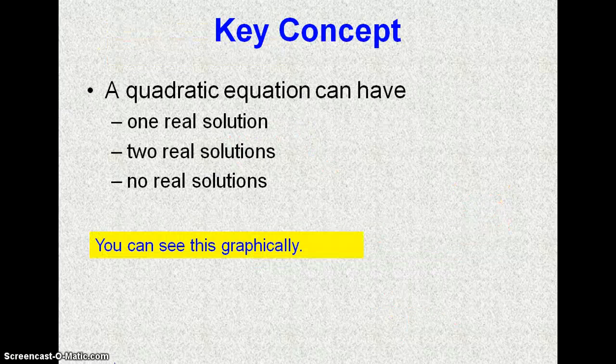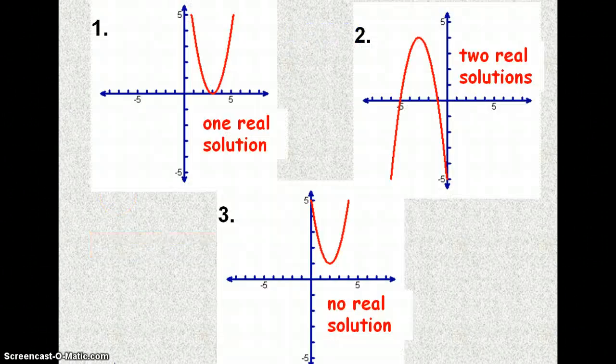All right, key concepts. A quadratic equation can have one real solution, two real solutions, or no real solutions. When you look at the graphs of these, you can see this very easily. It would have one solution if it hits the x-axis one time. It would have two solutions if it hits the x-axis two times.